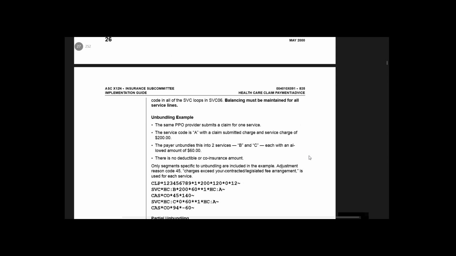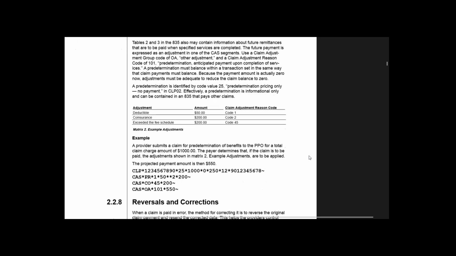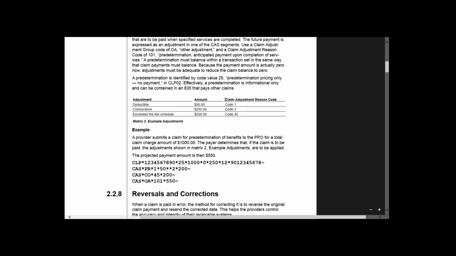So now what is happening is, in the CLP segment, we can see all the way up. What is that CLP segment? We'll go back to CLP to find out what it is. The CLP says for the claim ID, 200 was the billed charges.